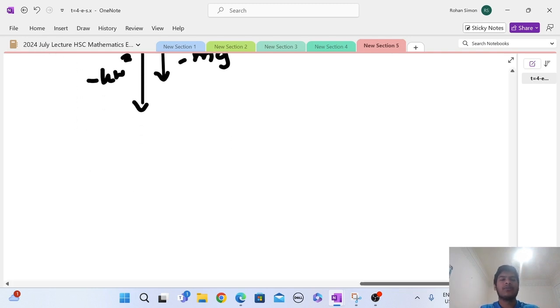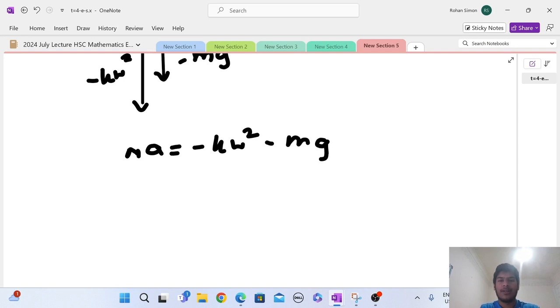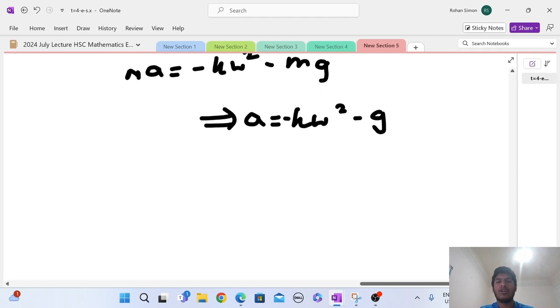Okay, and so we get mass times acceleration, but mass is a unit, so we get minus kw squared minus mg, and so you get acceleration equals minus kw squared minus g because the mass is 1.